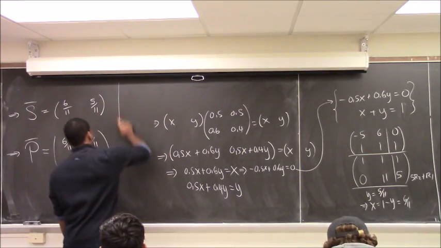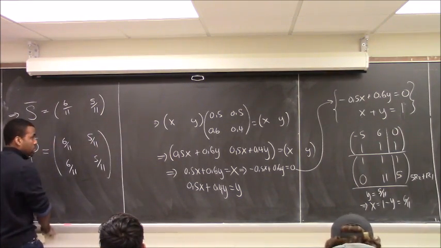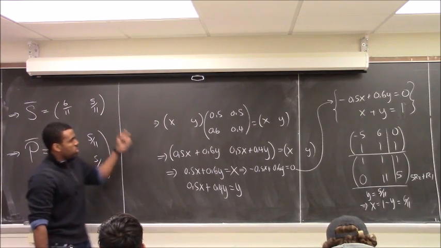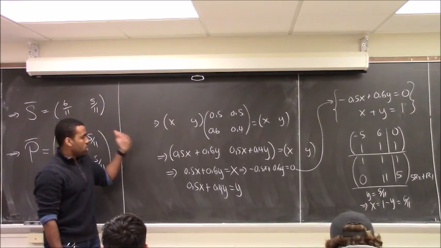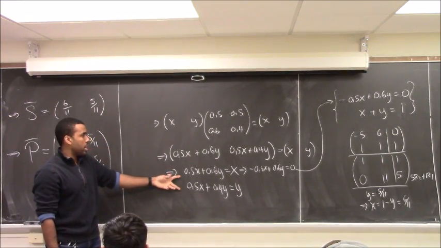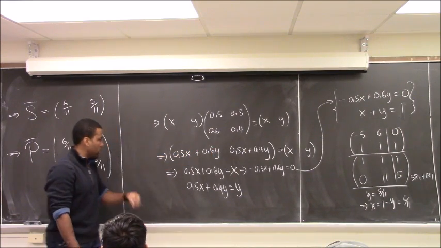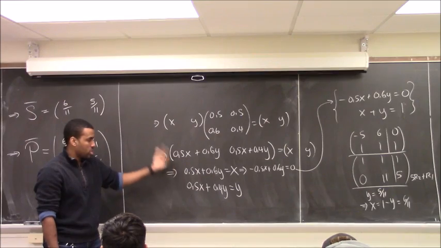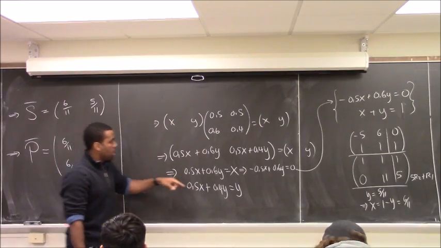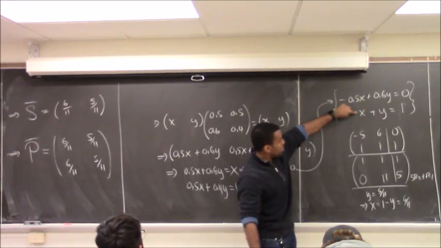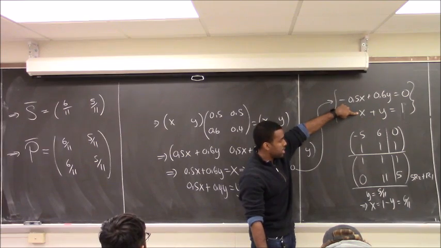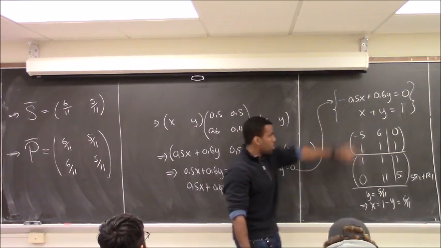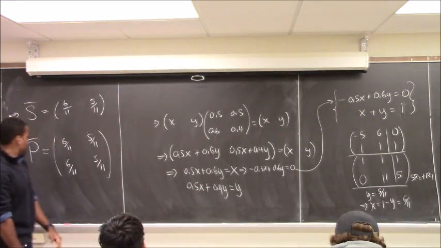So that's problem 1. You should know how to find stationary matrices. You set up this kind of equation. You're going to get 2 equations from setting each component equal to each other. You can ignore one of them because they're going to give you the same thing; one is just the negative of the other. For your second equation, you always use the fact that x and y must sum to 1 because they are probabilities.